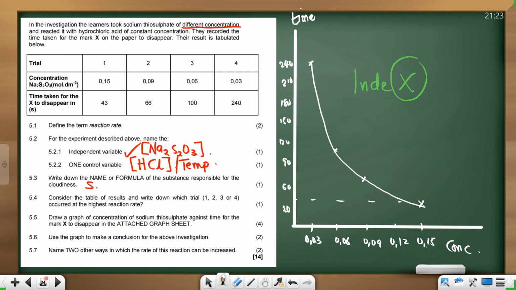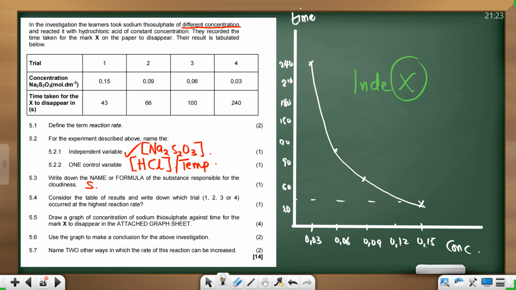Increase temperature. Add a catalyst. Lovely. Increase temperature. Add a catalyst. Okay, don't go to, Modise, don't touch the concentration of the HCl. Let's leave that as constant. There must always be one constant. Okay? So the best answers are we add a catalyst and we increase temperature. We'll leave the constant variable. All right, 5.6.